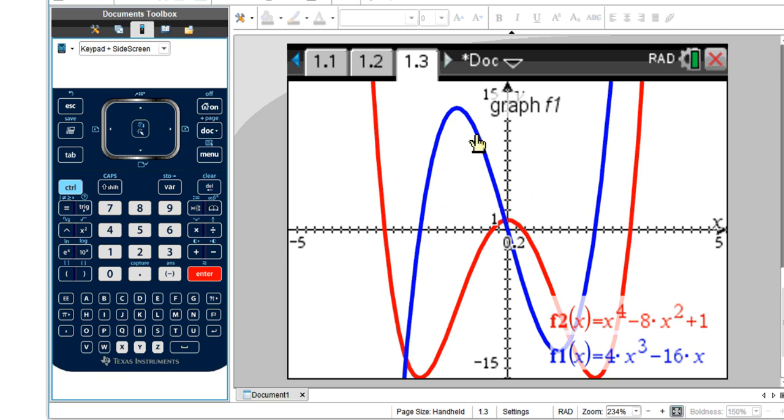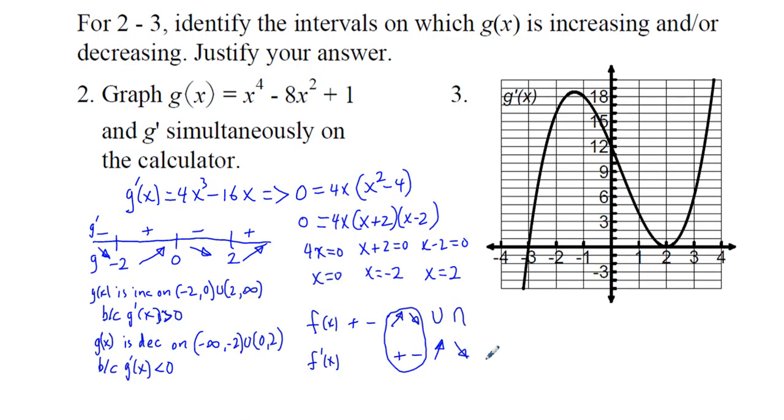When we go above the x-axis, what do we see? The red one increasing. And now the blue one is below the x-axis. We're decreasing all the way to where the blue is below the x-axis. And what happens when the blue one starts to go above the x-axis, the red one is increasing. So this verifies the analysis we already did here.